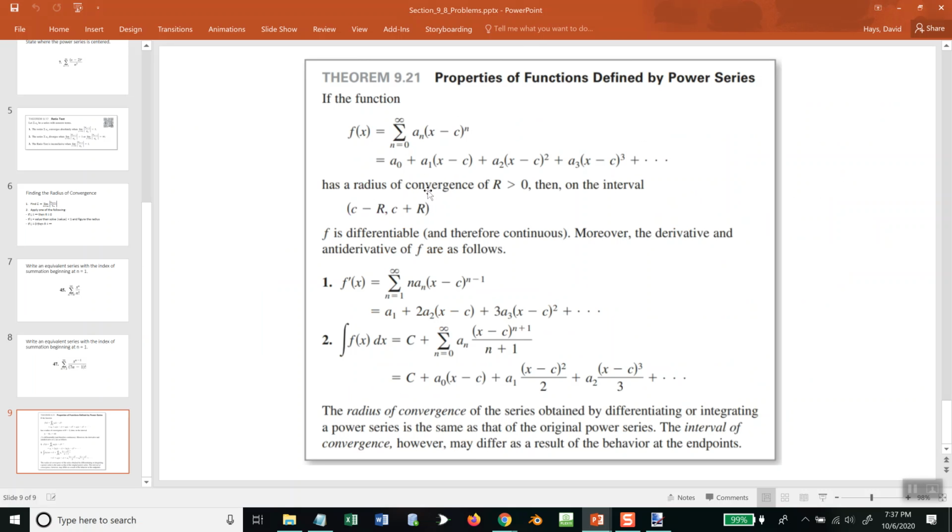Okay. Now notice here. Here's our function. Notice what it starts with, n equals 0. The derivative, it changes to n equals 1. That's not a mistake. You increase it by 1. Okay?